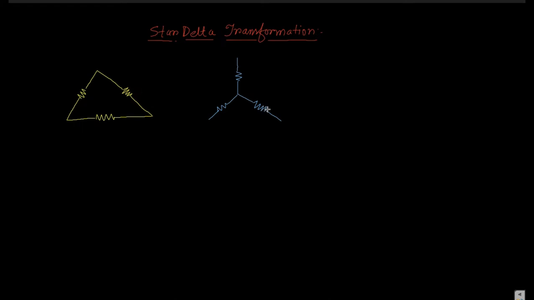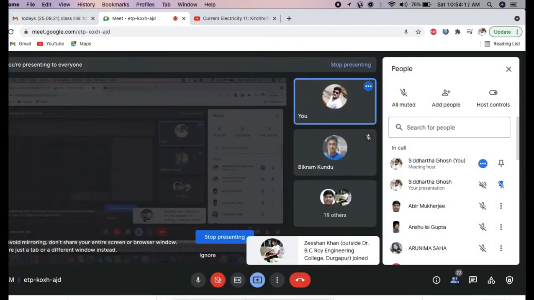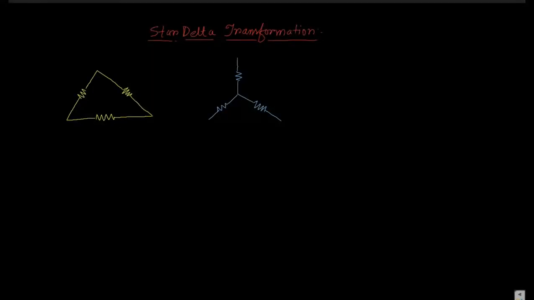Should I take this class elaborately? So consider this as RC, this as RB, and this as RA, and this is R1, this is R2, and this is R3.